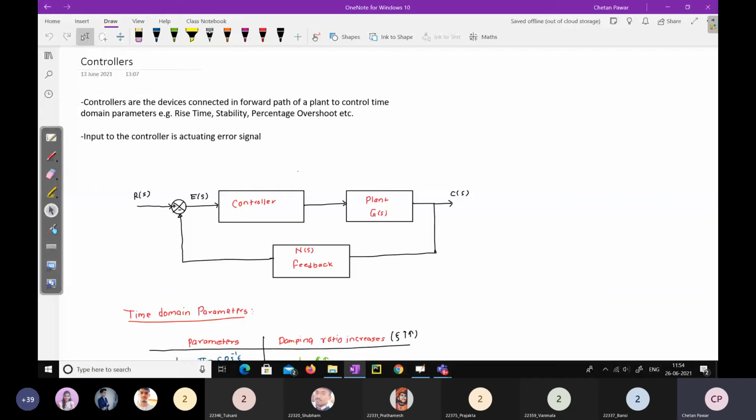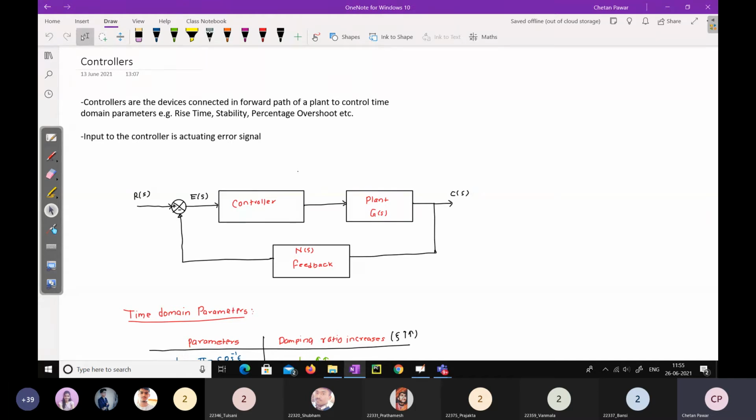Now this last unit is related to the controller. This unit consists of controller and IoT application in industrial automation. So first we will cover the controller part, and IoT in industrial automation is a very short part, so we will cover that also.